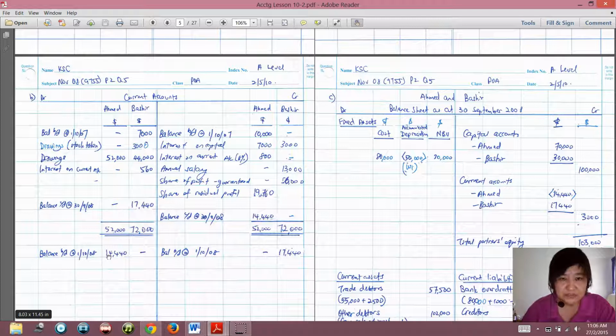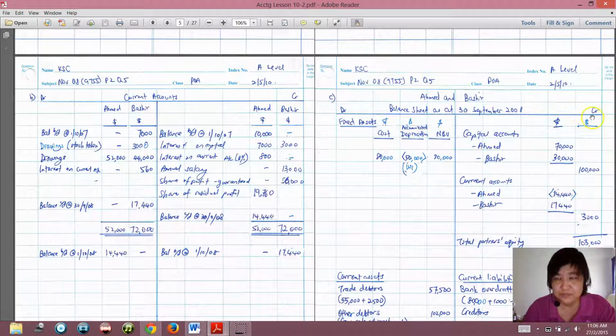The balance brought down is on the same side as the balance sheet one. So for Bashir, the balance brought down is on the credit side. That means Bashir's current account is a credit balance of 17,440. So in the balance sheet, credit balance are credit 17,440. But Ahmad's current account balance is a debit.